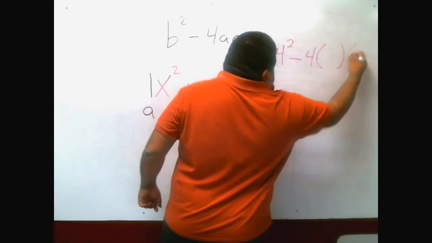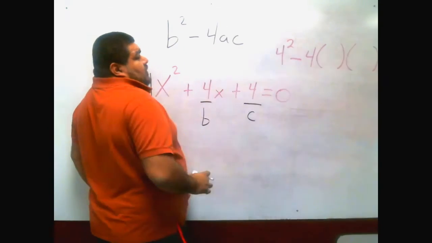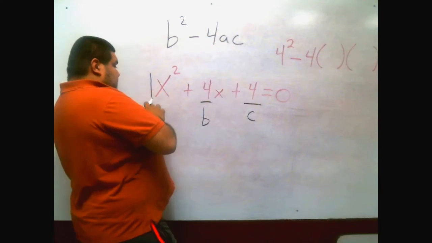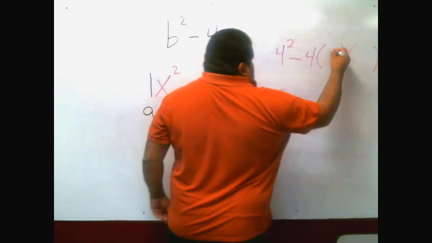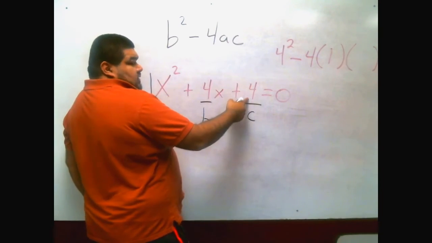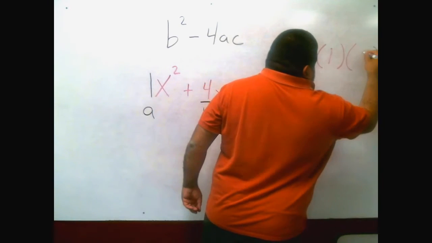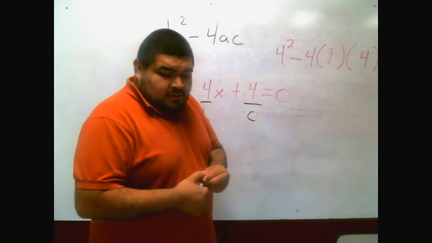Two sets of parentheses, because we have one for A and one for C. A in this case is 1, because remember there's a 1. And then our C is 4. So that's all we're going to solve for right now.